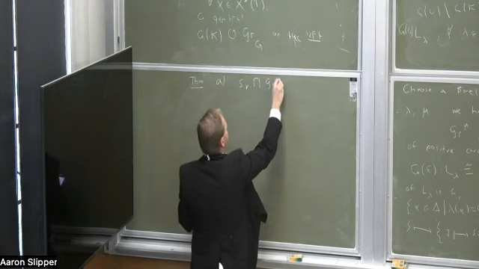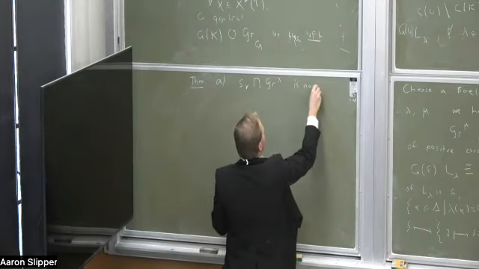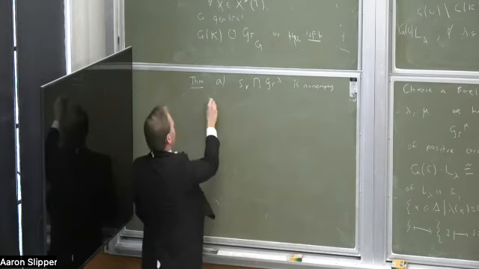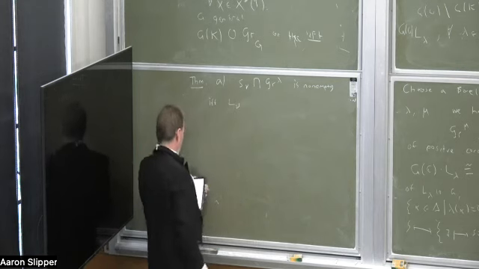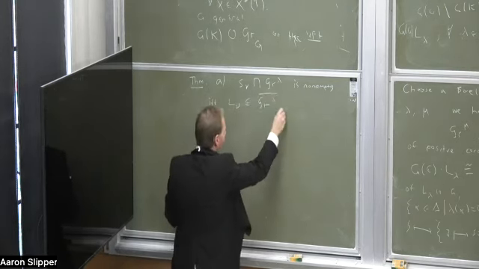So, the intersection of the spherical orbits, if and only if L nu is in BR and bar.